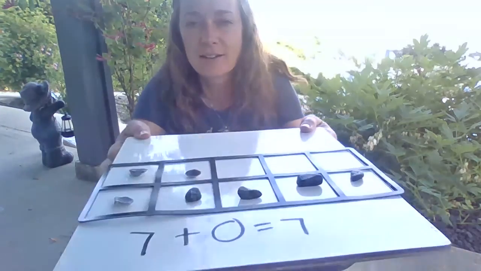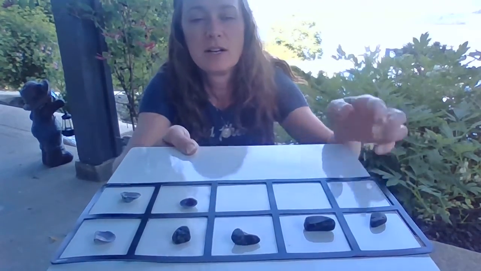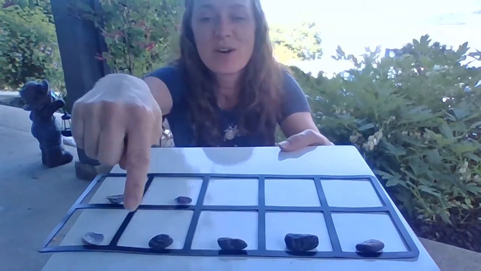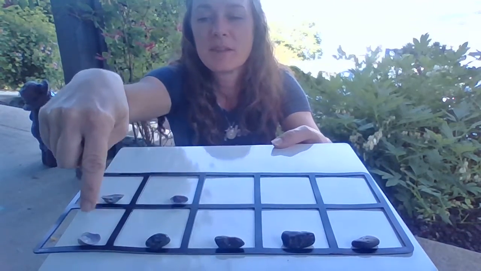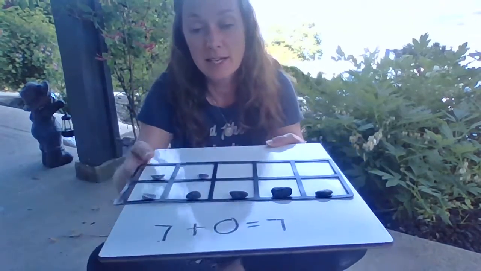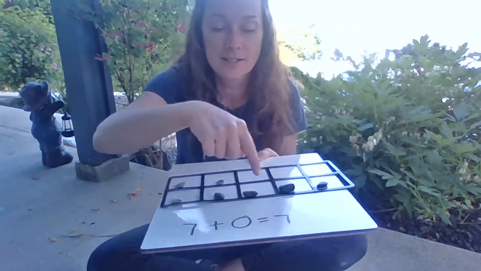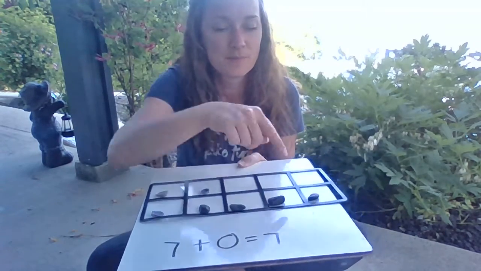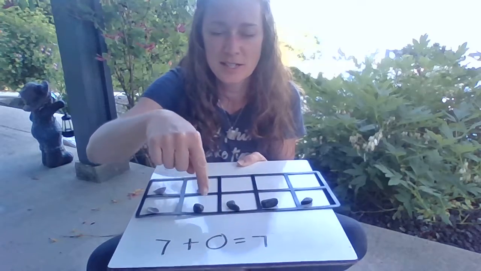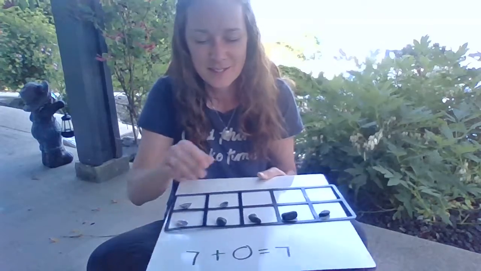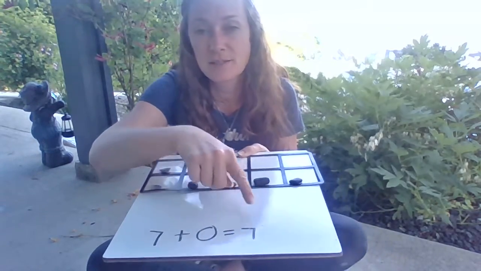So now I have 4 rocks and 3 shells. 1, 2, 3. So I guess 4 plus 3 is 7. Let's see if I'm right. 1, 2, 3, 4, 5, 6, 7. I am.